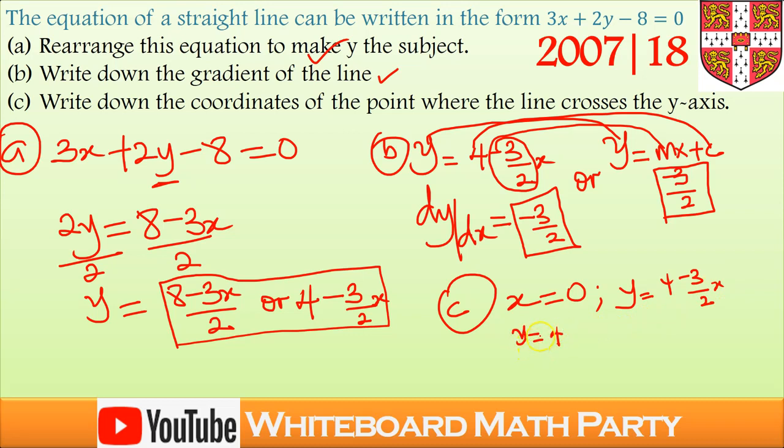Therefore, the coordinates of the point where the line crosses the y-axis, (x, y), are the same thing as (0, 4). So the coordinates are 0 and 4, as you see here. Therefore, we are done solving the last question as well.